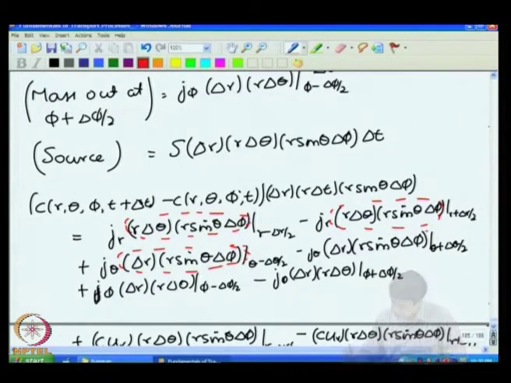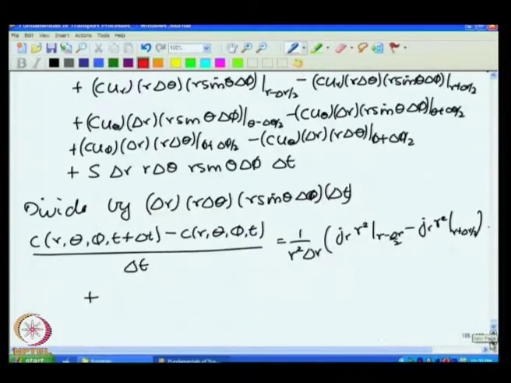So, when I divide throughout by delta r delta theta and r sin theta delta phi, the sin theta factor has to remain, because you are taking the fluxes at two different values of theta. Therefore, sin theta changes. R does not change and phi does not change. So, I can cancel out delta r and delta phi in these two equations, but sin theta has to be included within the derivative.